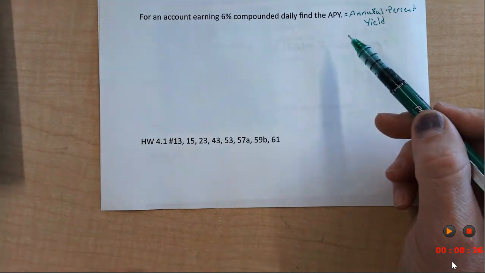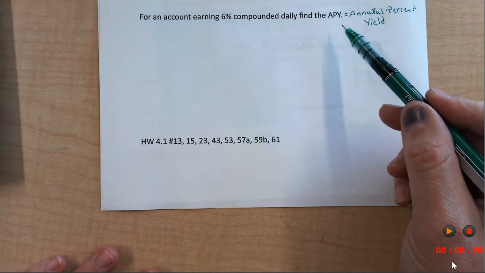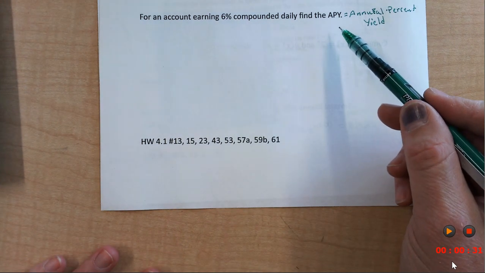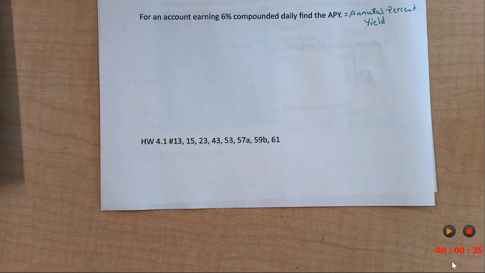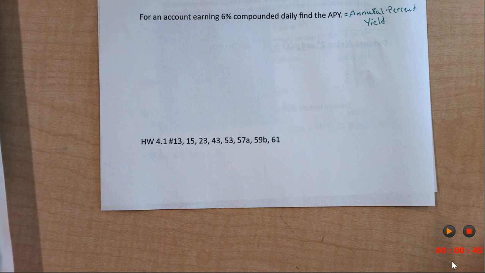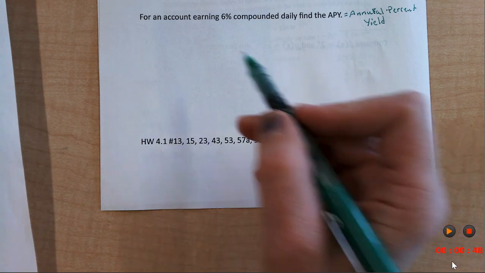What that means is the bank is required to tell customers the actual percent you would earn on your investment over 1 year, because the compounding frequency affects how much actual interest you earn. And we talked about that the other day.